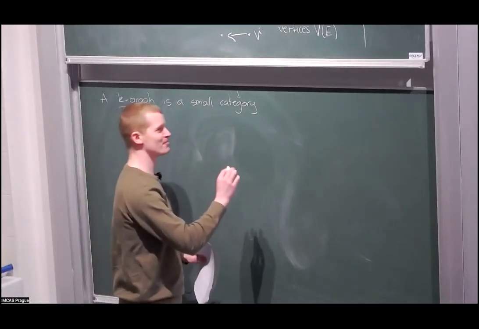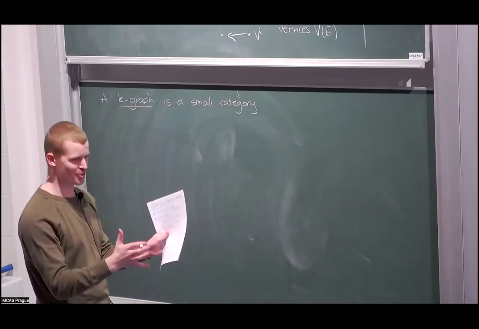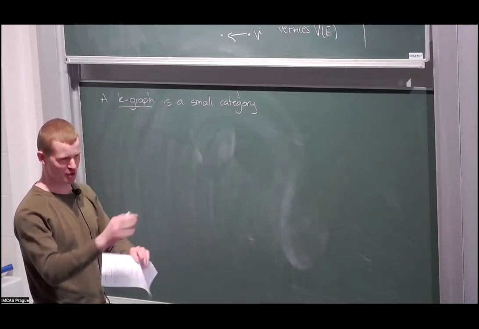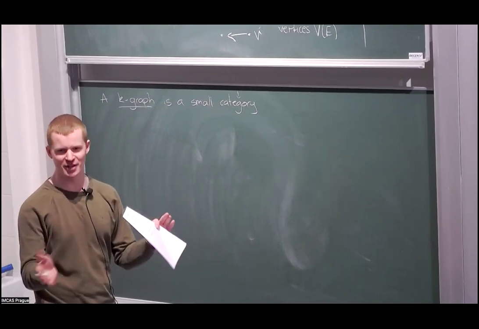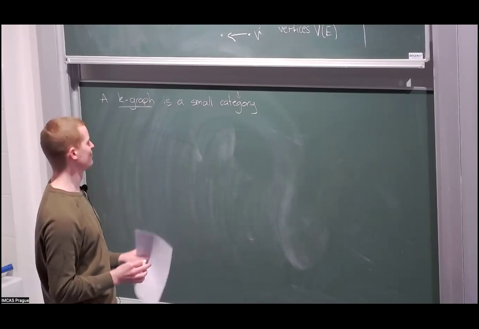So a small category, really what I mean is I have a partial binary operation that's associative enough, and I have maps giving me left and right identities for every element in my category.